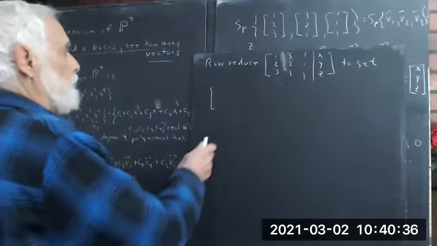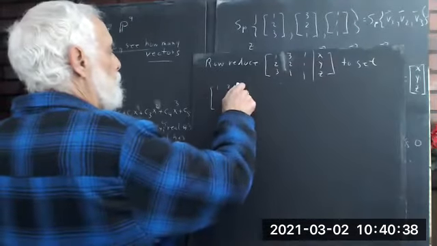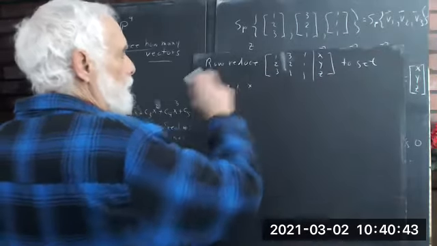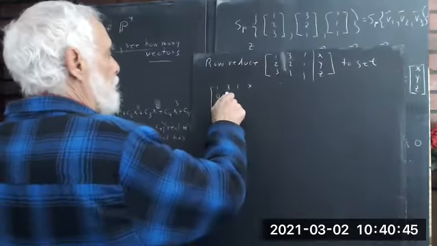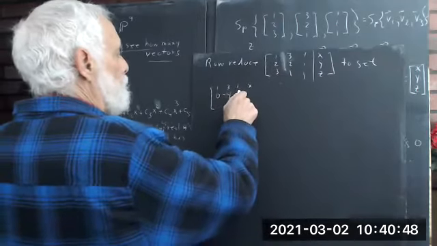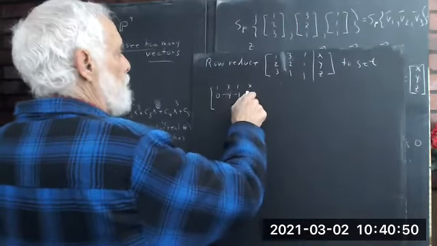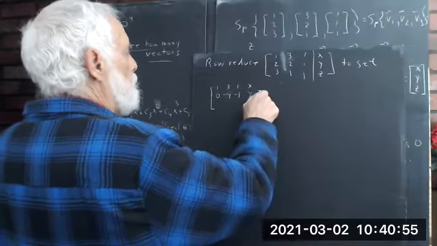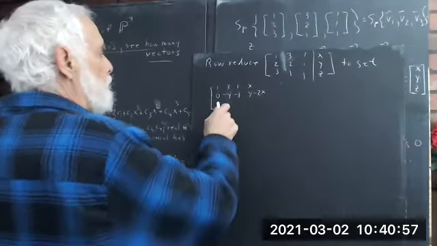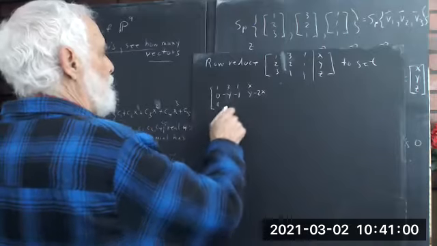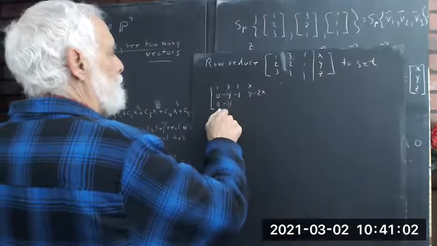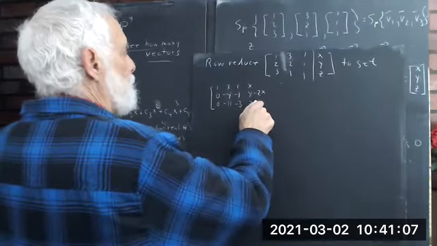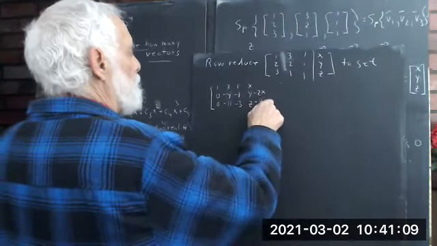So we got 1, 3, 1, x. Then we're going to have 0 here, subtracting twice the first row from the second, and -4 and -1. And that's going to then have y minus 2x. And then we're going to have 0 and -11 and -3 and z minus 4x.